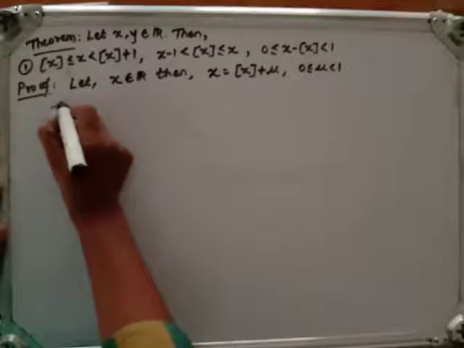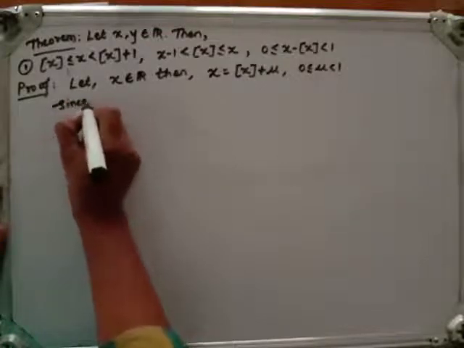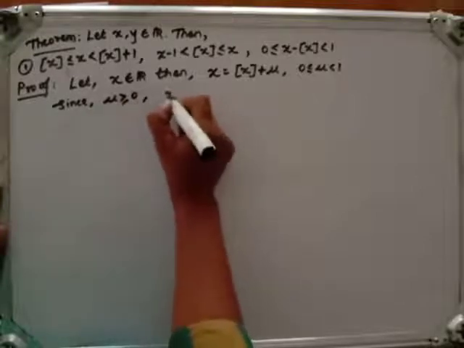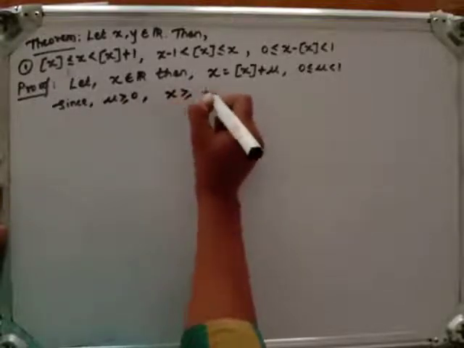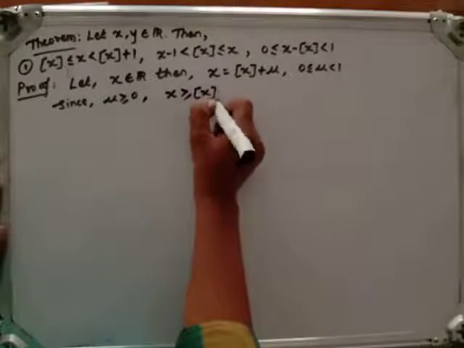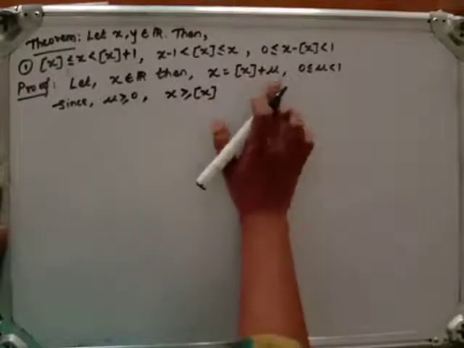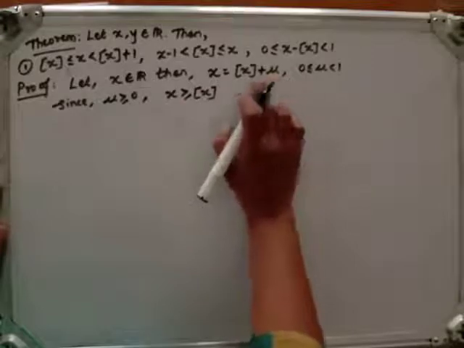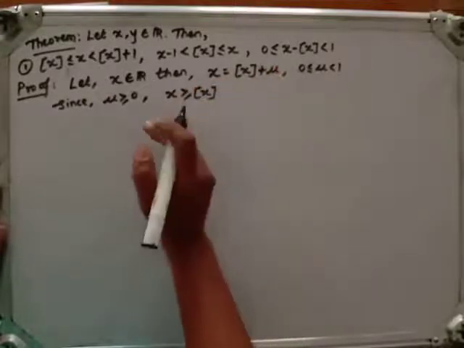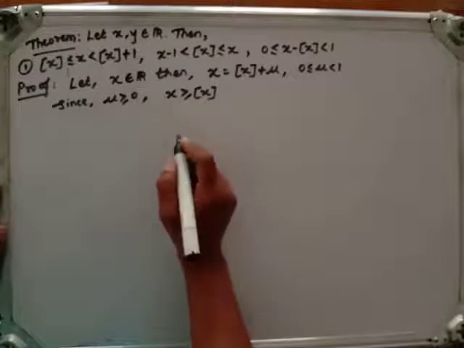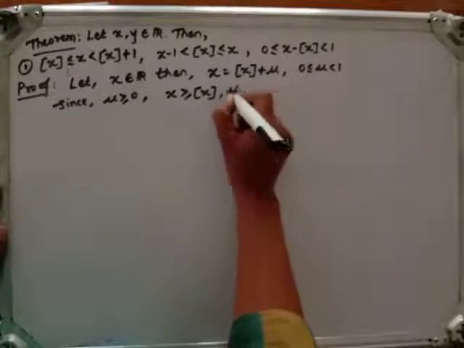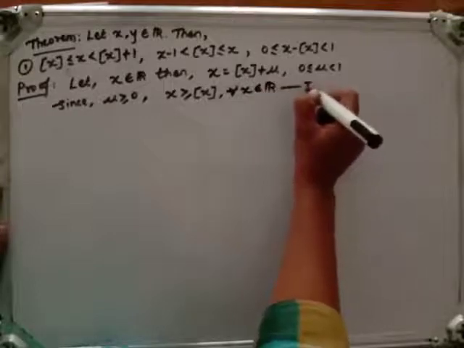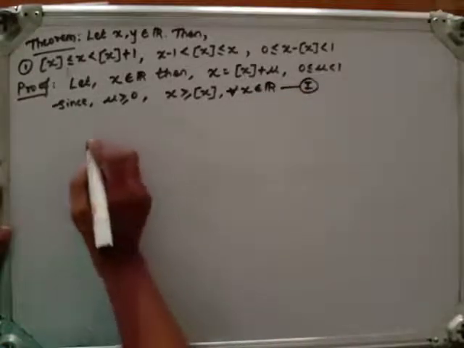Since mu is greater than or equal to 0, x is greater than or equal to the greatest integer function. If we remove this mu from here, then this becomes greater. This holds for all x belonging to the set of real numbers. Call it equation number 1.